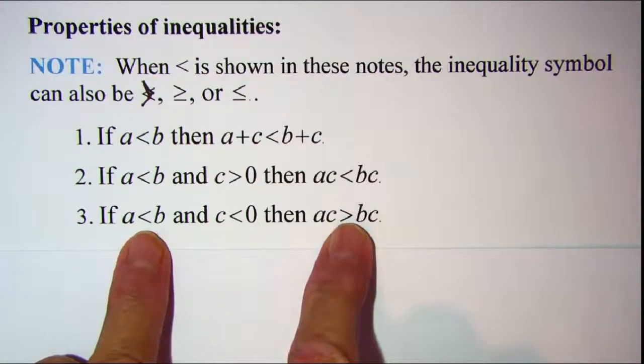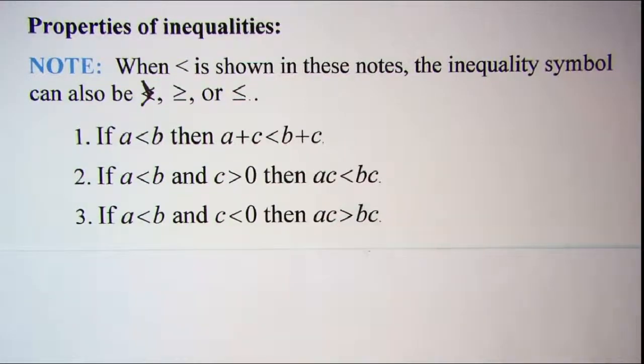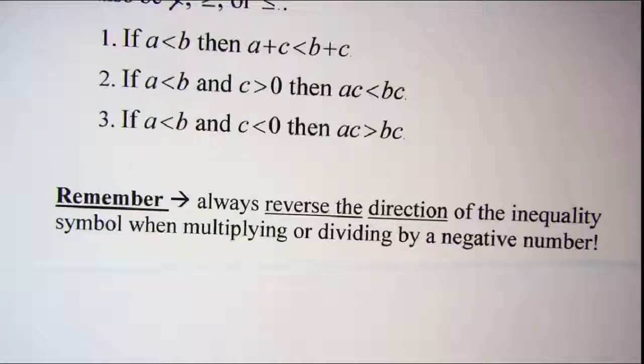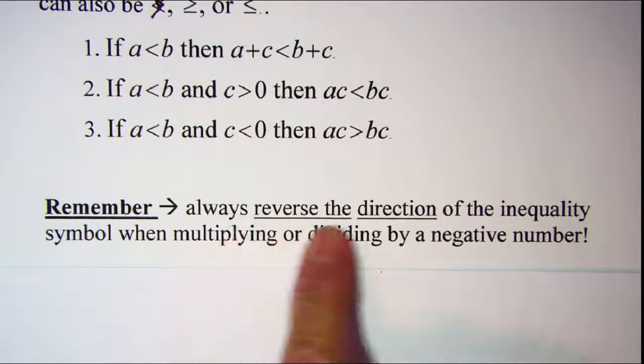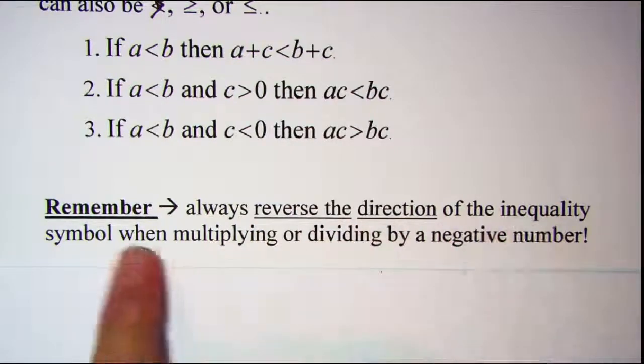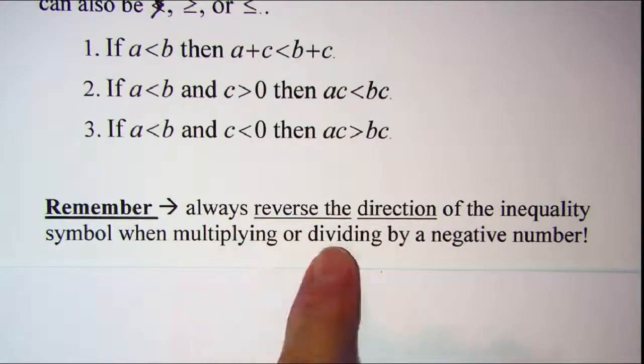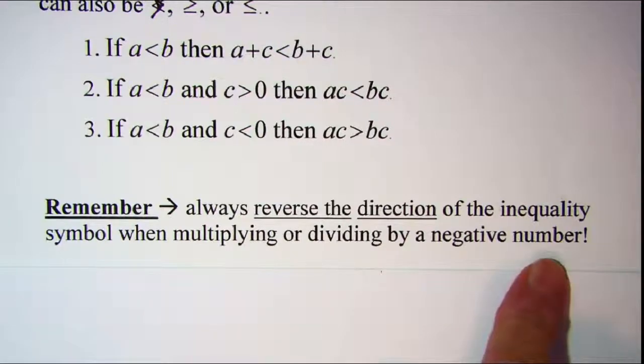So you have to switch those inequality symbols. So that's very important to remember. Always reverse the direction of the inequality symbol when you multiply or divide by a negative number.